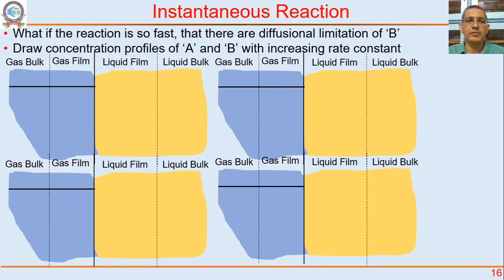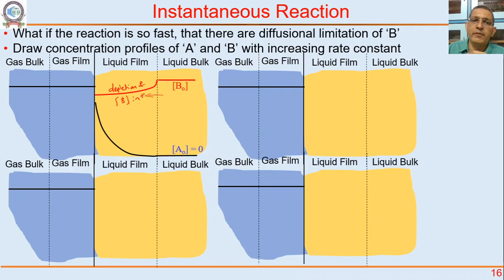Do this. Okay. So now A diffuses and A reacts, and rate of reaction is so fast that the mass transfer of B is less than the consumption of B. Then B will also deplete. So depletion of B in the liquid film.